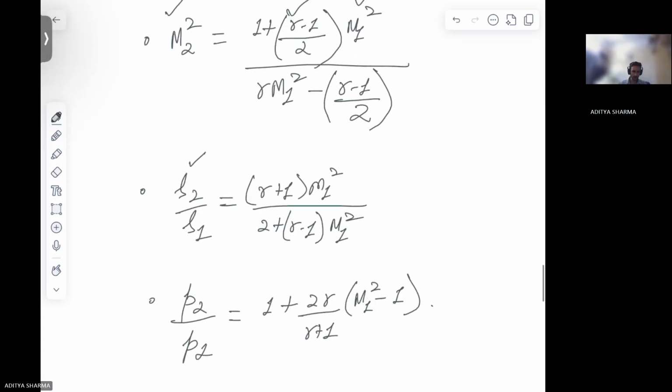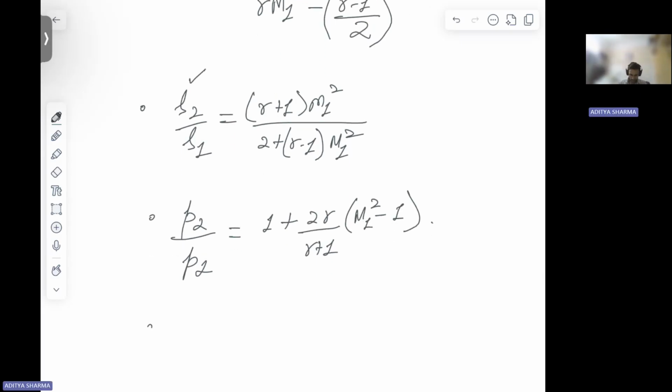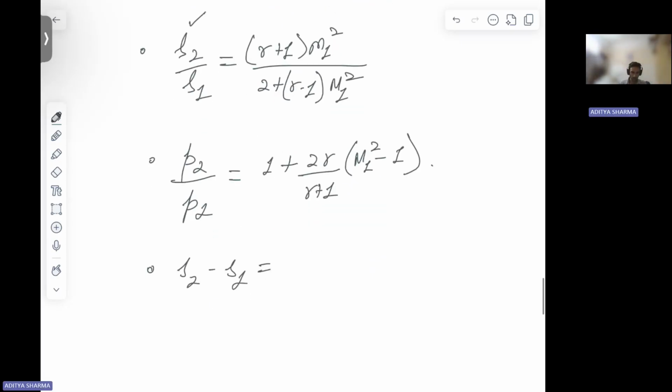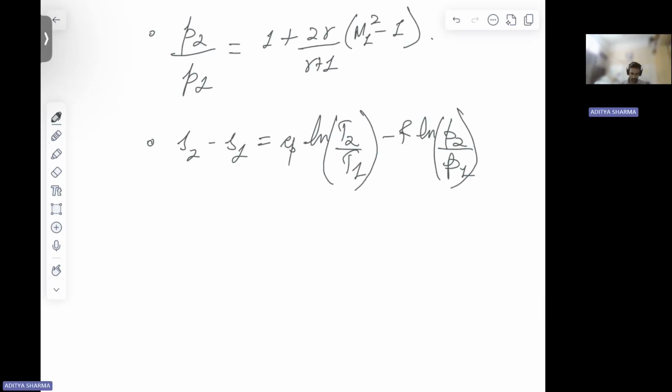So this is there. And for entropy change across the normal shock, this is the formula. Or if we have total pressures, this can also be used.